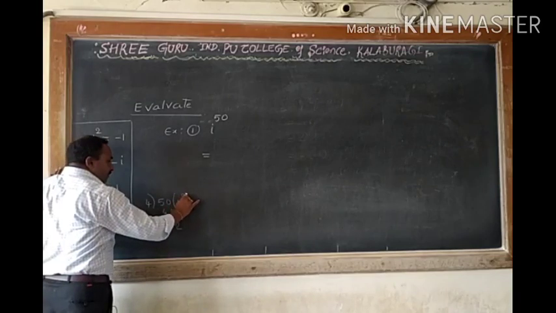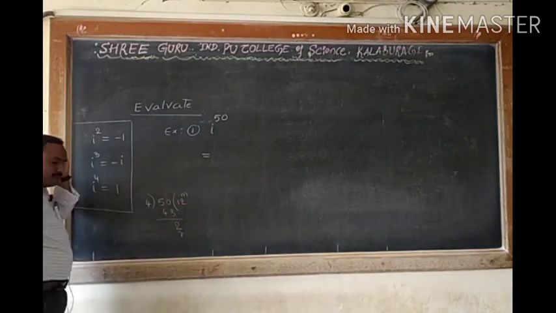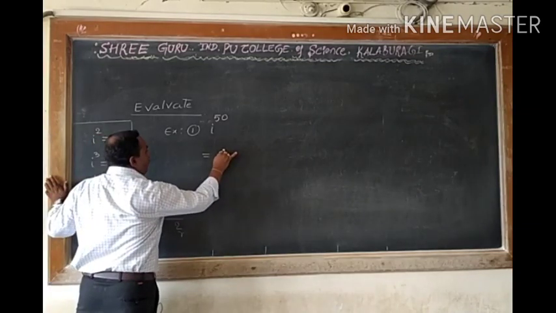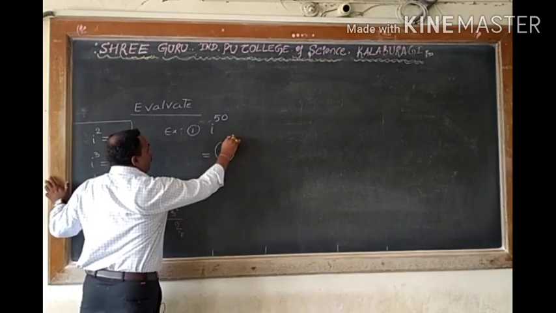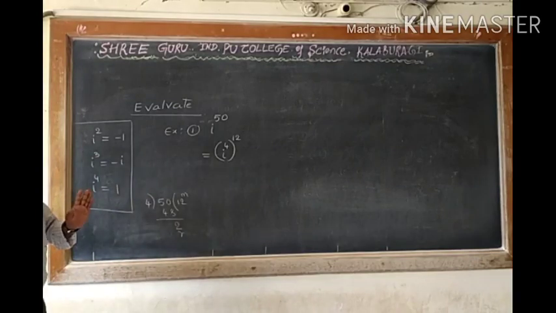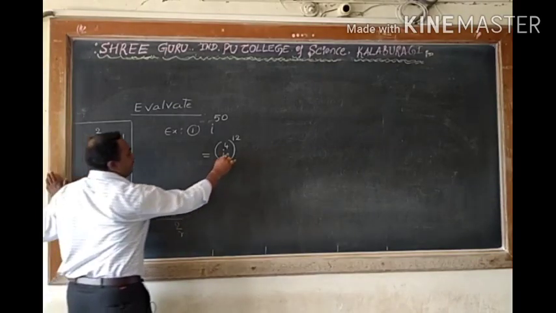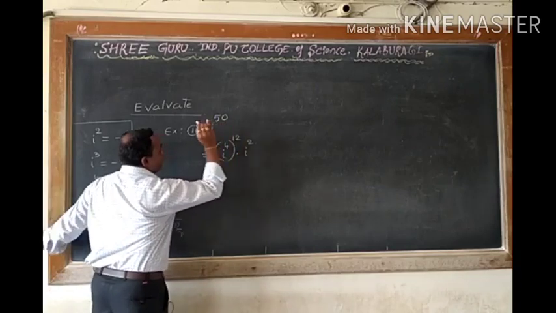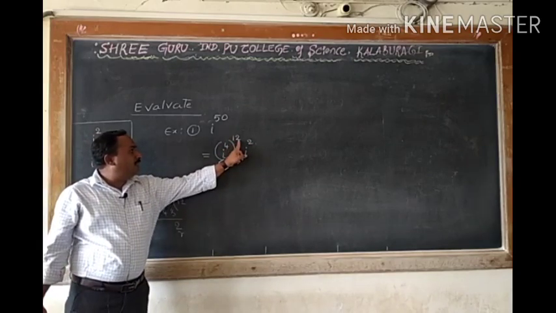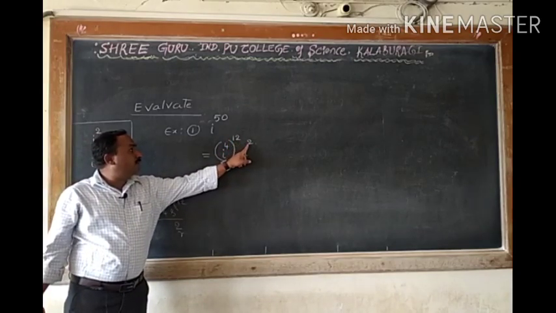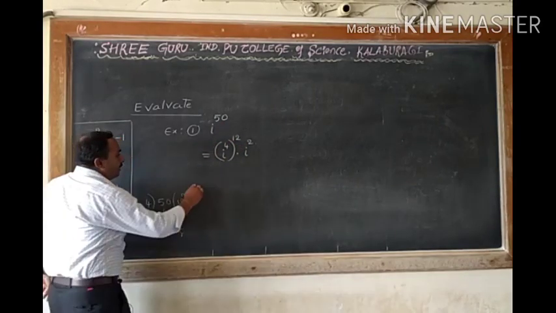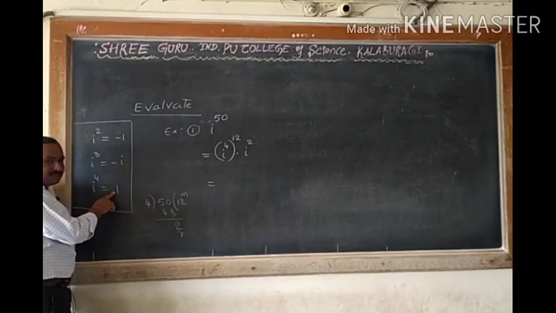Here this is m, this is r, in the 4m plus r form. So it is i to the power 4 whole to the power 12, 4 into 12 is 48, remaining 2, that is i squared. 4 into 12, 48, plus 2, total 50. Understood? Here i to the power 4 is always 1.